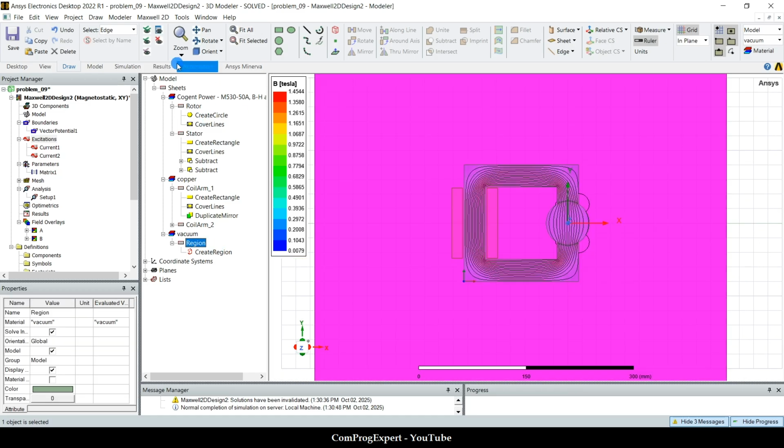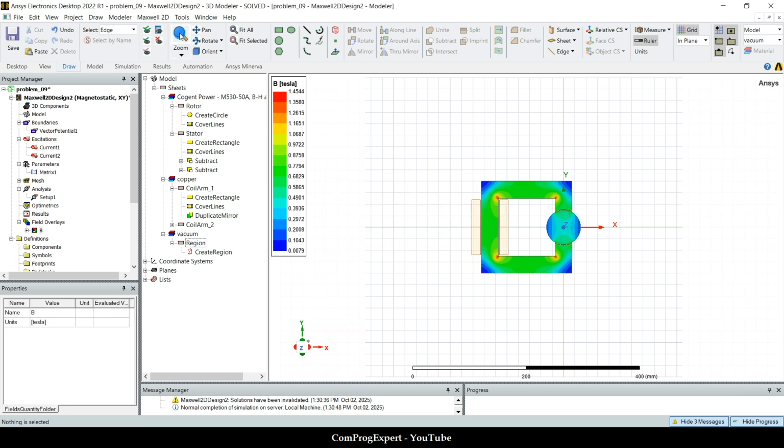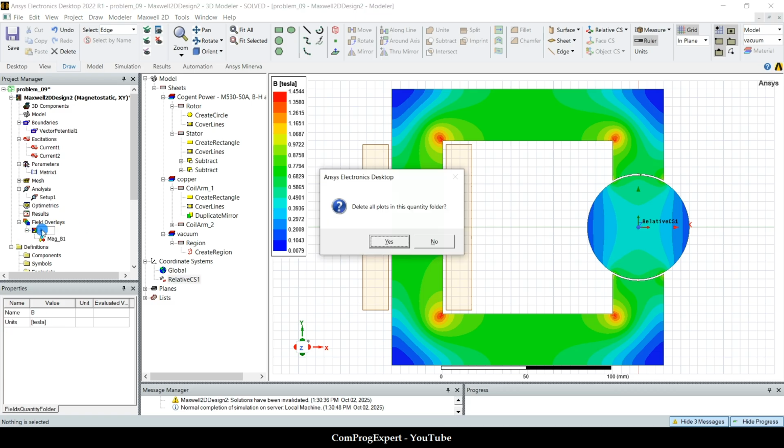Let me hide the enclosure. Okay, so this is better. Here we have these two coordinate systems, the global one and this local coordinate system.